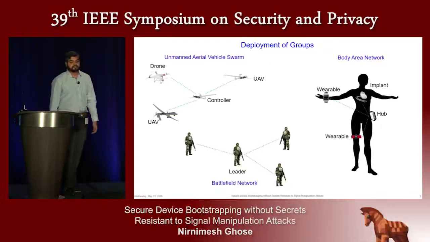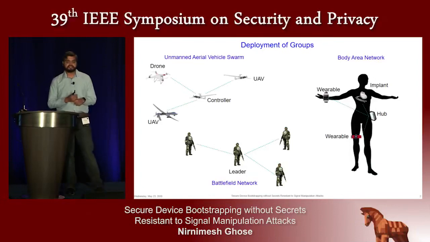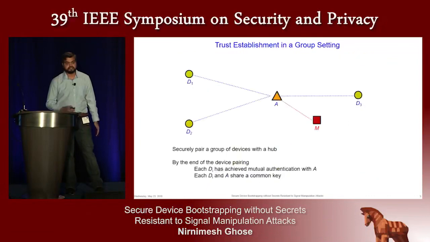In all these applications, the data which is exchanged between the members of the group is very important and sensitive. So trust establishment between the devices is required when the group is deployed in the starting.